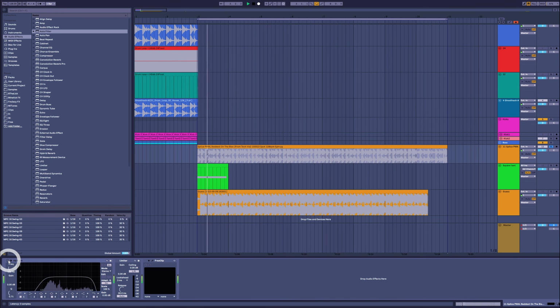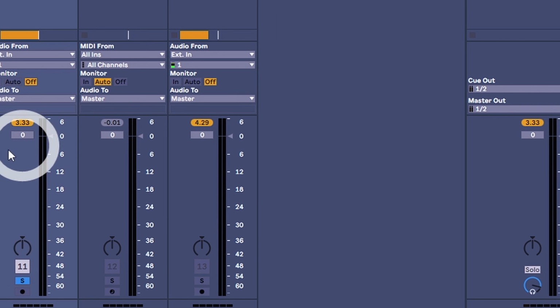Here's with it off and on. So out of those, which do you hear as the quieter signal? Let's look at the meters.